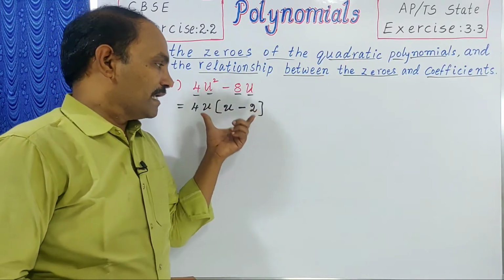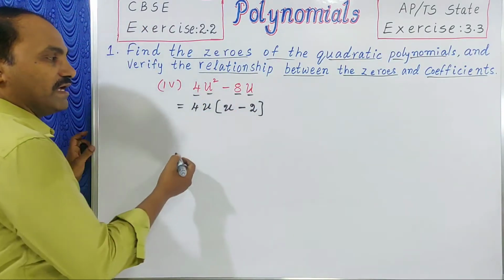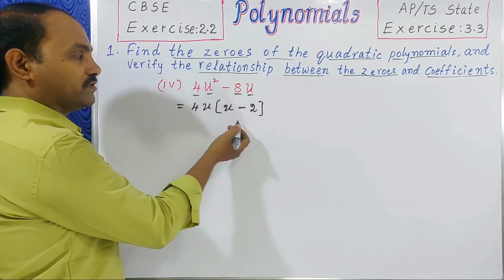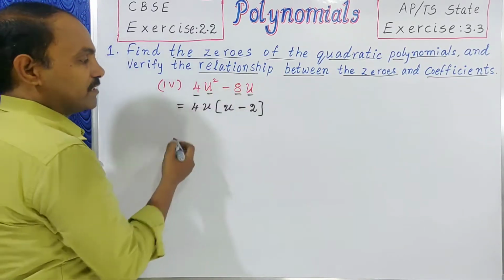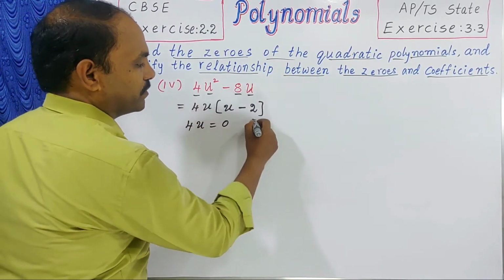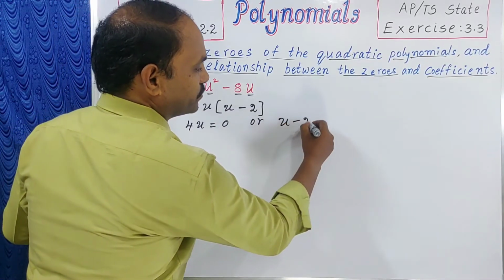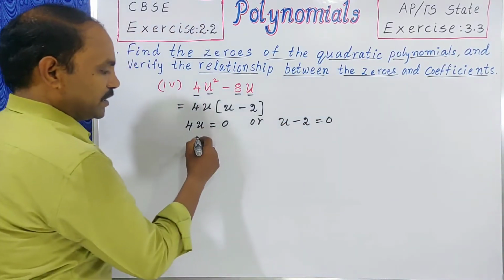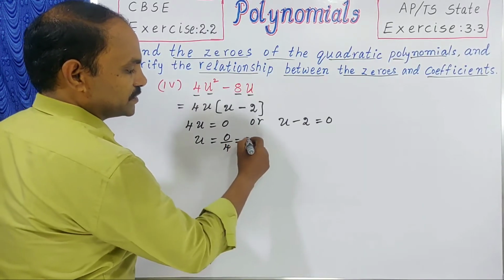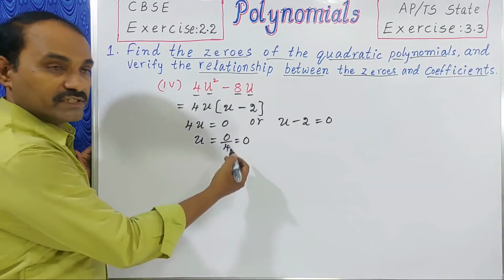Okay. Now let us make them equal to 0. Why? Because in these two factors, if any one or both are 0, then only this polynomial becomes 0. That's why 4u is equal to 0 or u minus 2 is equal to 0. Here u is equal to 0 by 4, which means u is equal to 0. 0 by something is 0.